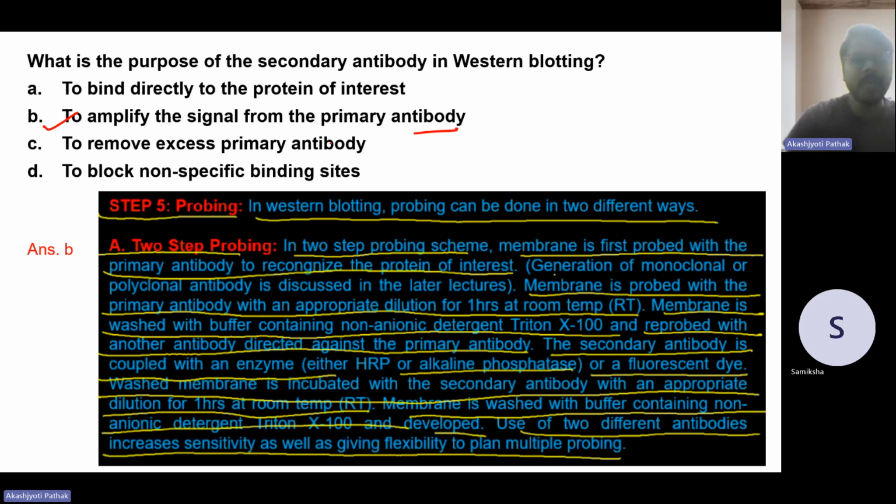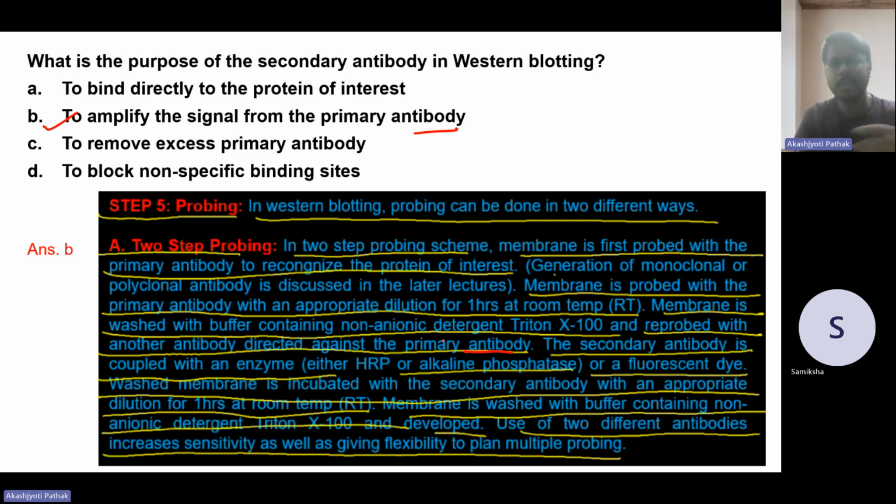Answer is option B. So in two-step probing, the membrane is first probed with a primary antibody to recognize the protein of interest. For this, you can either generate a monoclonal or polyclonal antibody, and then the membrane is washed with buffer and reprobed with another antibody directed against the primary antibody. So the secondary antibody is coupled with an enzyme or a fluorescent dye.